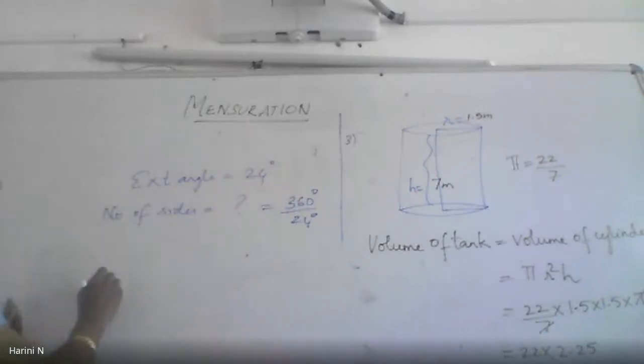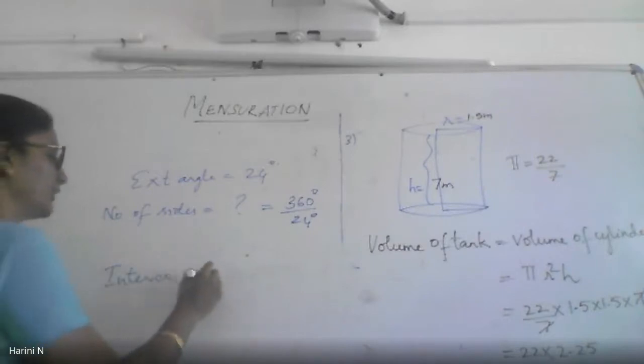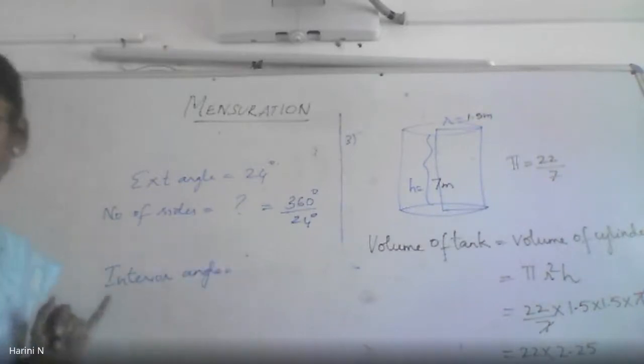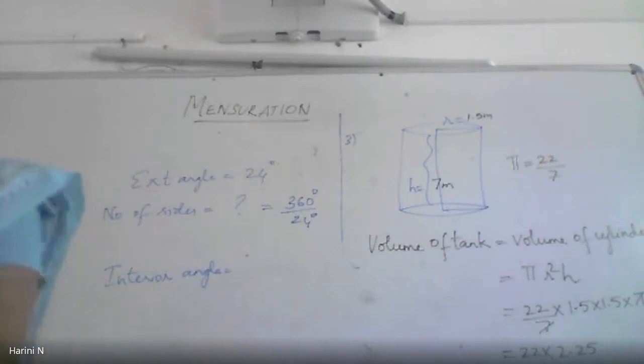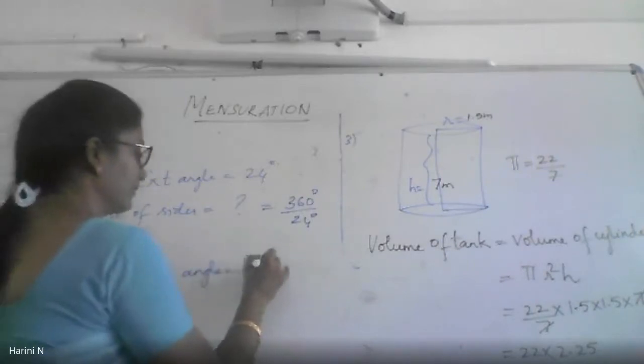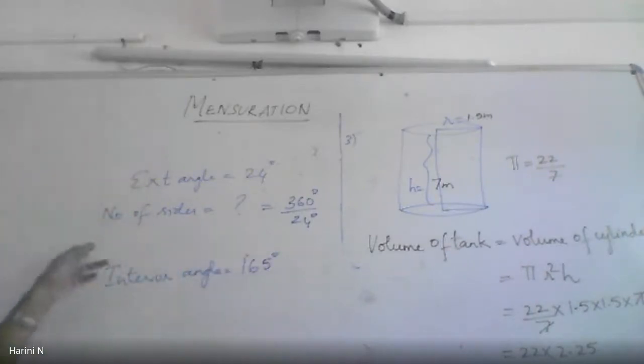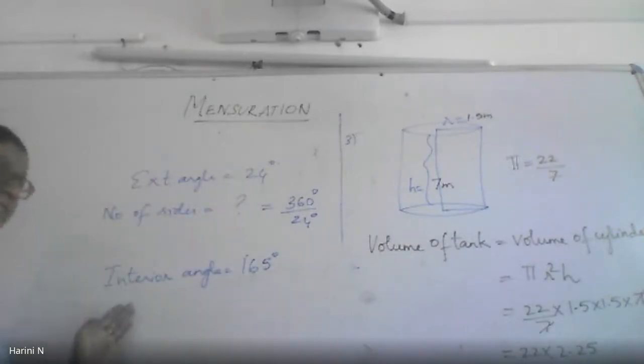But what if the interior angle is given? In the next problem, you see the interior angle is given as 165 degrees. So here, the number of sides is not directly 360 divided by the exterior angle. From the interior angle, you have to find the exterior angle. So, suppose you have a pentagon like this.